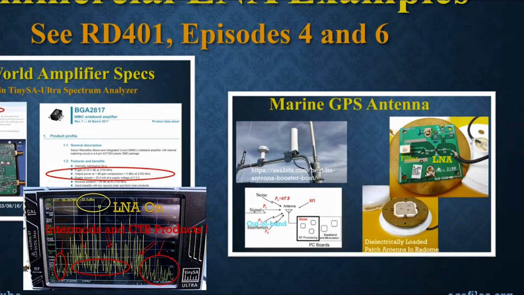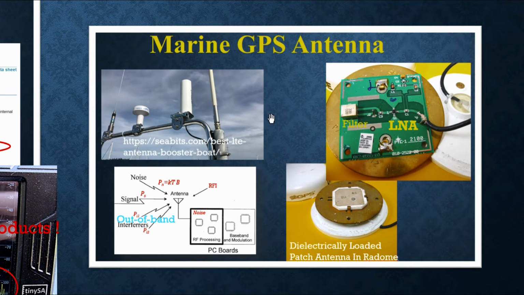Also, in those prior episodes, we looked at this example, which is a GPS antenna for marine. And the thing you can do to combat intermods and not give up on having a low noise amplifier is to filter out all the strong interferers before they hit your low noise amplifier. That is fundamental. That is what we're talking about in this video.